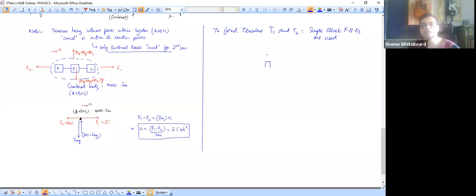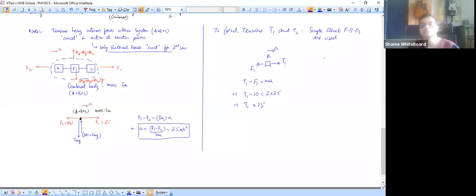So for example, if we make the FBD for the block A, then on A we can see that there is tension T1 from this side and force F1 from this side, and the acceleration is A. So T1 minus F1 is equal to mA. So now you substitute this over here. So T1 minus 10 is equal to 2 into 2.5. And from that you will get the tension T1 to be 15 newtons.